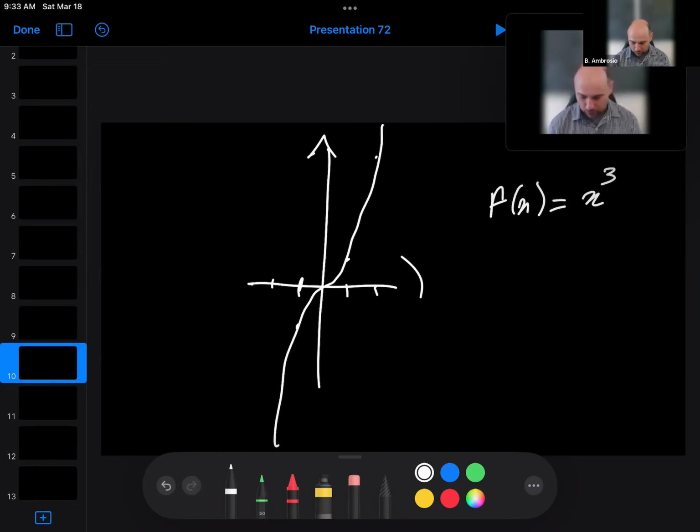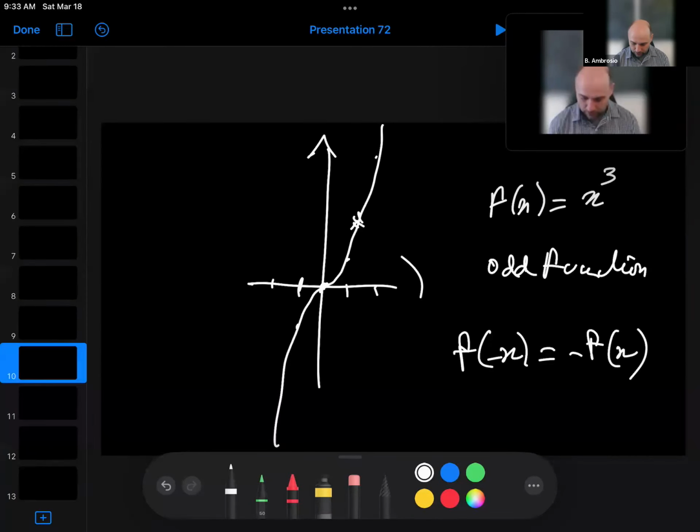This is called an odd function. You still have a symmetry, but it is a symmetry with respect to the origin. In fact, f of minus x equals minus f of x. This is called an odd function.